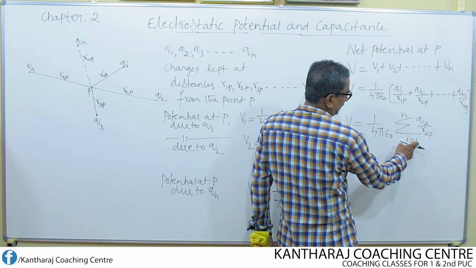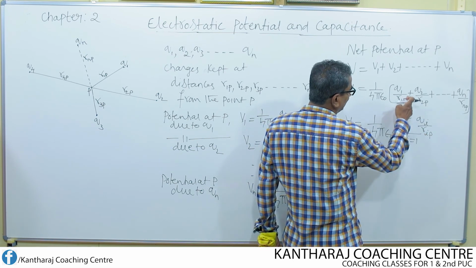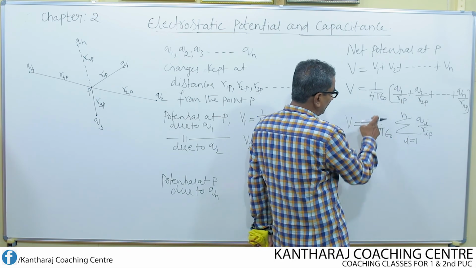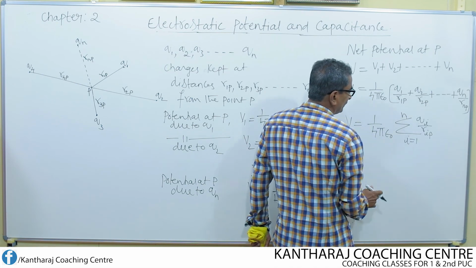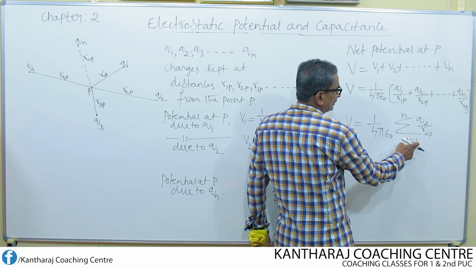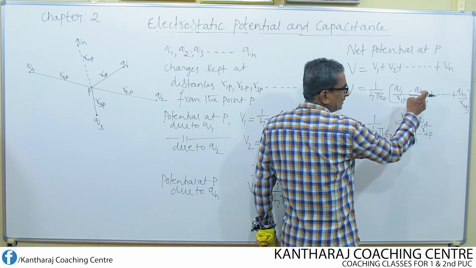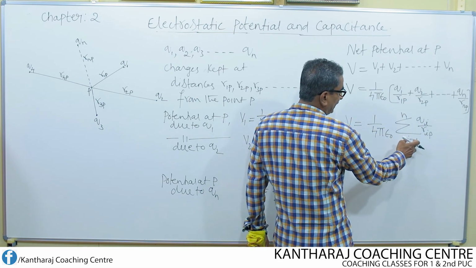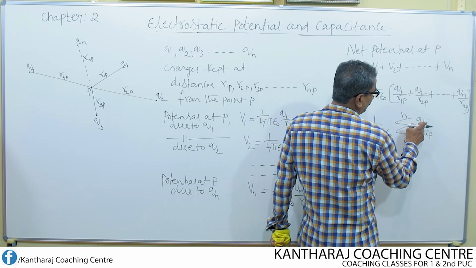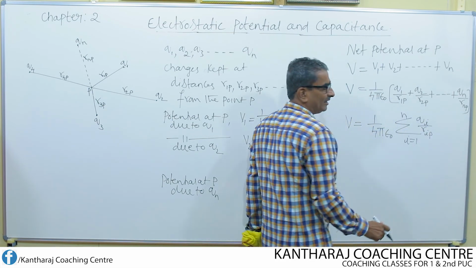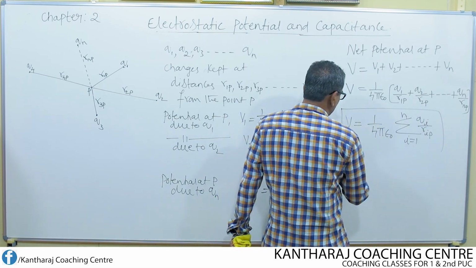If I put i equal to 1, it becomes Q1 divided by R1P, the first term. 1 over 4 pi epsilon naught remains common. If I put i equal to 2, I get Q2 divided by R2P. If I put i equal to n, I get Qn divided by RnP, the last term. So it can also be written in this simple format.